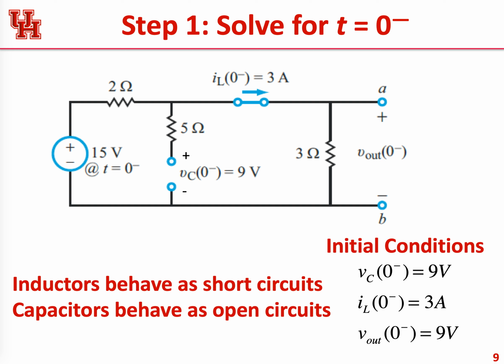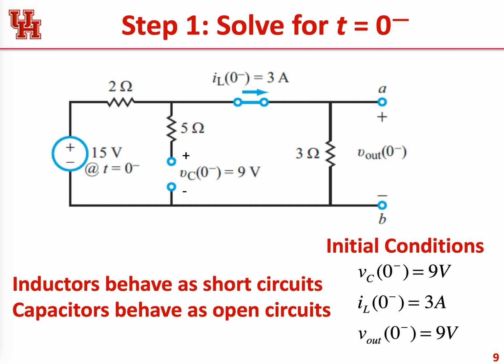So the initial conditions are now very clear. The voltage across the capacitor is going to be 15 volts minus 3 amps times 2 ohms, which is 6 volts. So 15 minus 6 is 9 volts. So VC of 0 minus is equal to 9 volts.